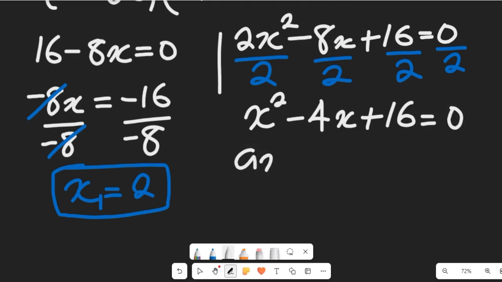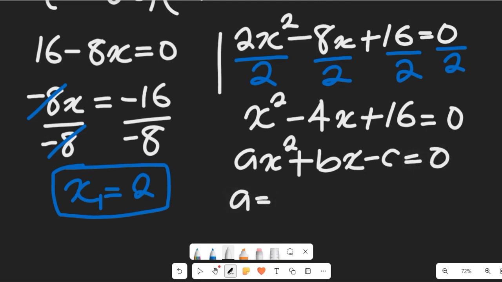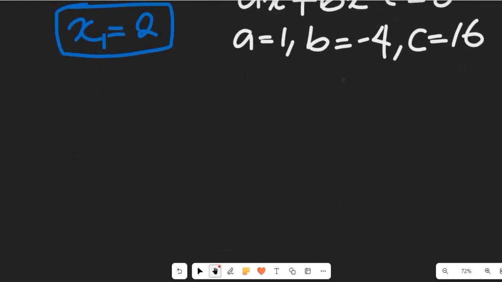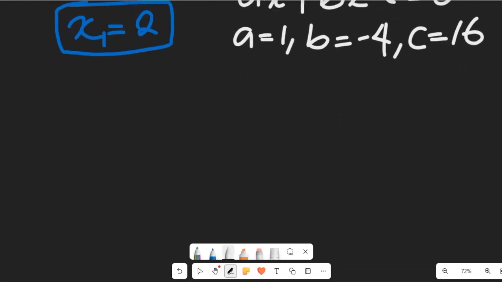Comparing this to the quadratic expression ax squared plus bx plus c equal to 0, from that expression, our a is equal to 1, our b is equal to negative 4, and our c is equal to 16. So what do we do from that end? We'll use the quadratic formula to solve.